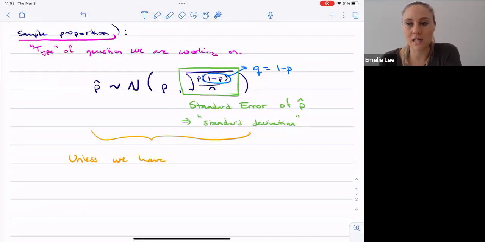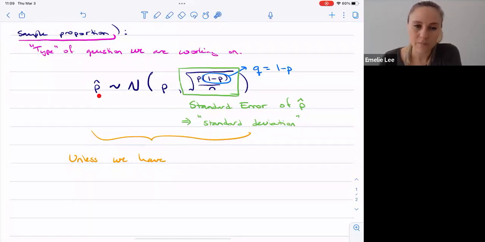Because that's like saying, oh, I know that the average price of milk is this, but I'm going to take a sample to try to figure out what it is. That makes no sense, right? So same thing, right? I know that the proportion of females born in a hospital is this, but I'm going to take a sample to try to figure out what it is. Again, makes no sense, right?